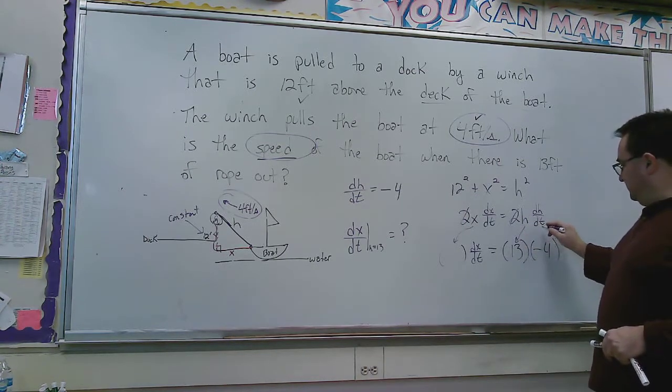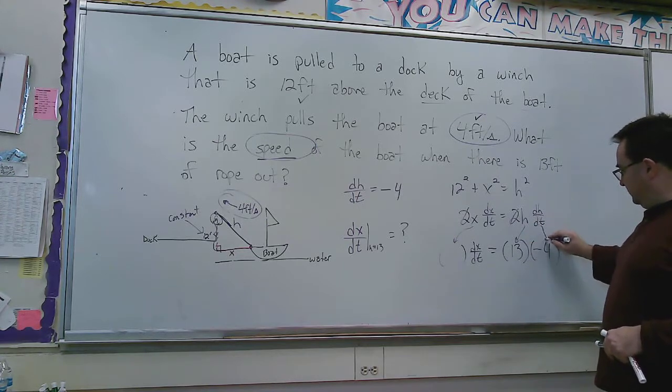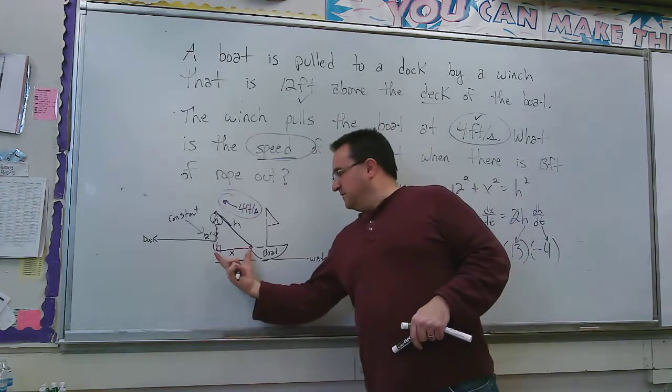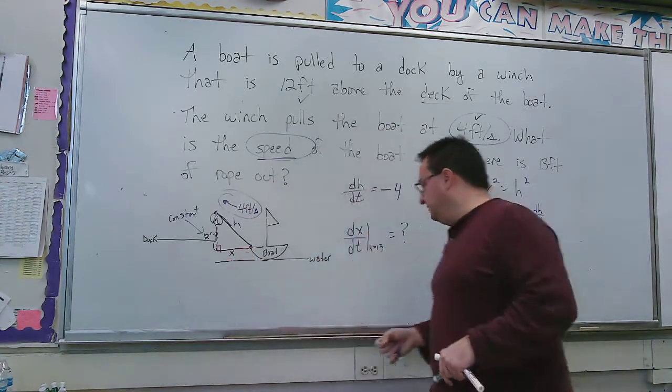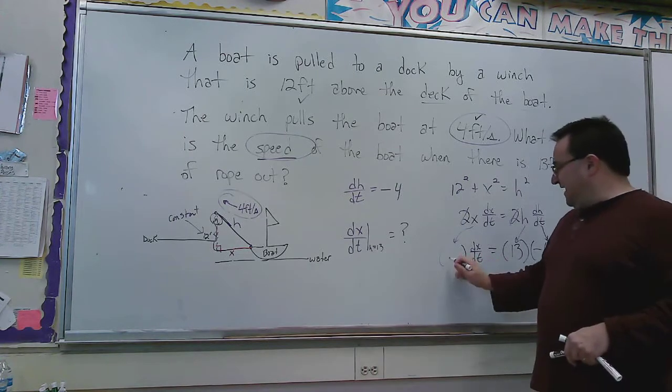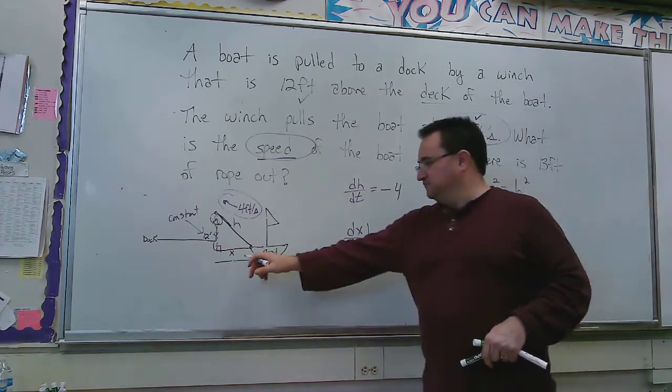So this is my H, 13 feet of rope. This is how fast the rope is changing. I don't know how far it is from the dock at this point, and that's what I want to know. So this shows me I've got to figure out what this is.